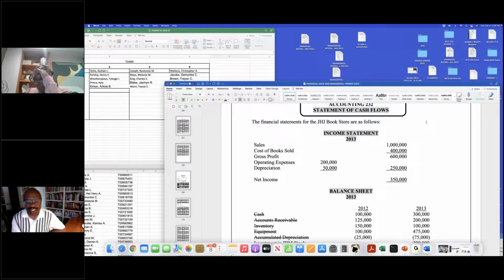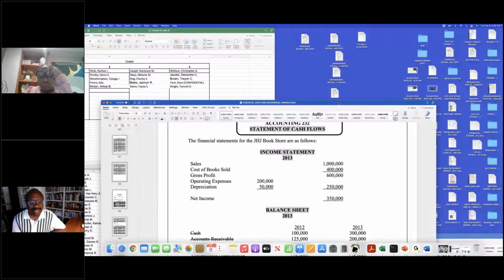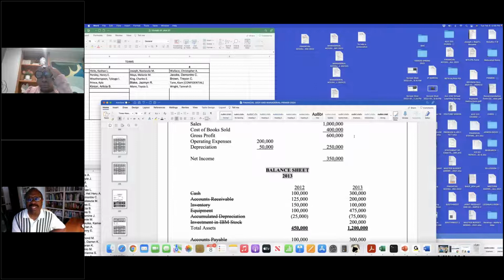What's your depreciation? What is your depreciation? Wouldn't it be 150,000? Am I reading that correct? Got to get the change. That sounds like too much.